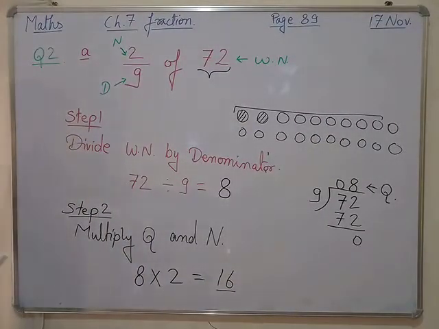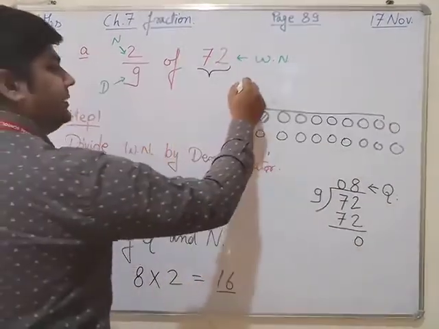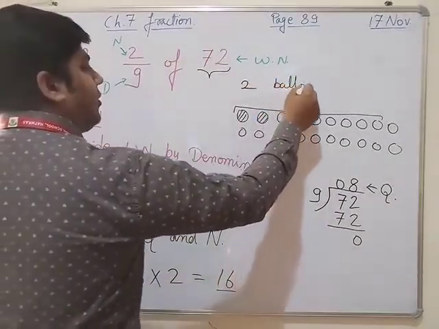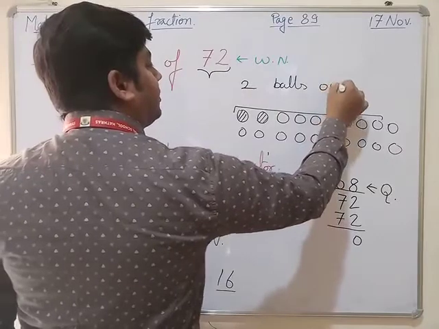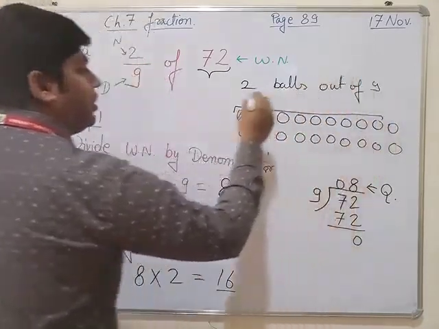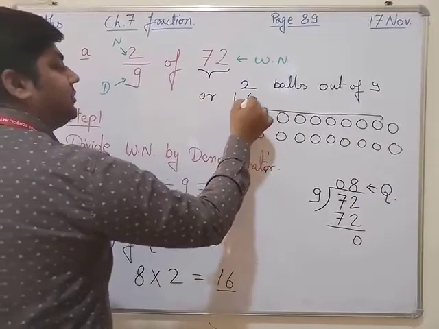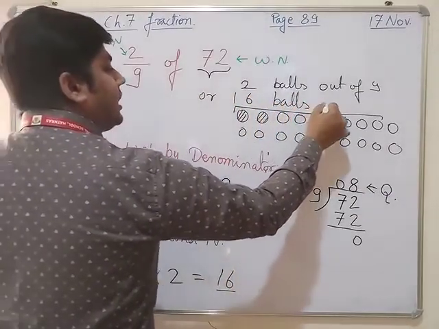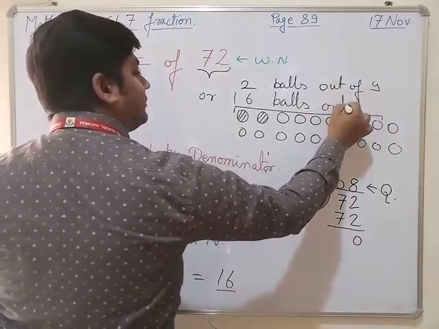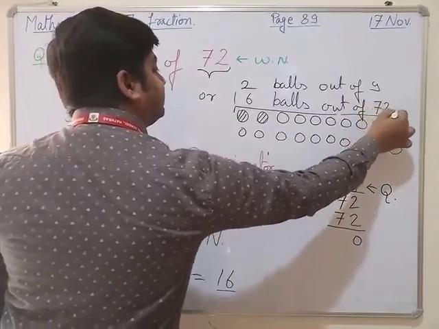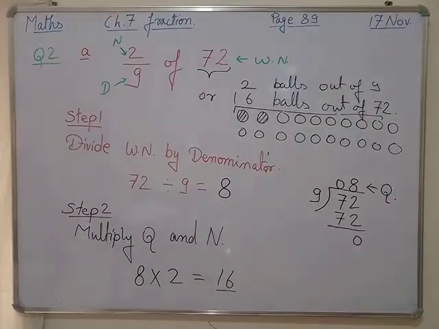You can say if you have 2 balls out of 9, or 16 balls out of 72. 16 balls out of 72 or 2 balls out of 9.